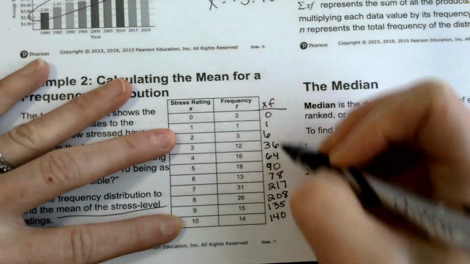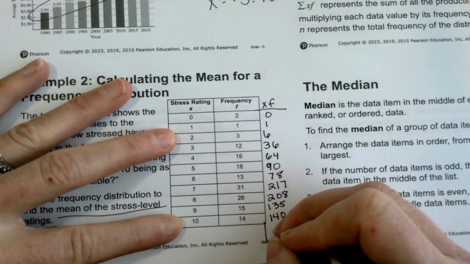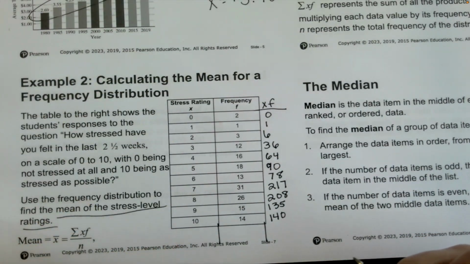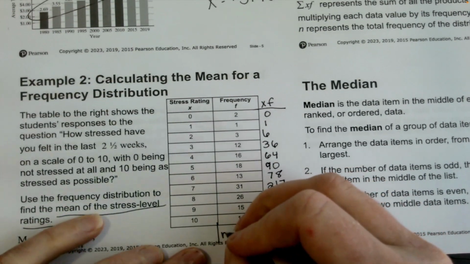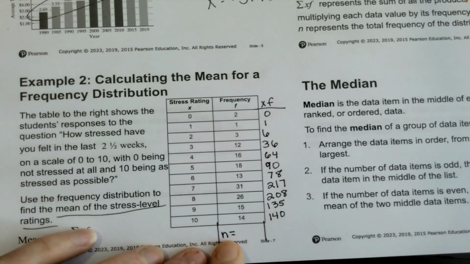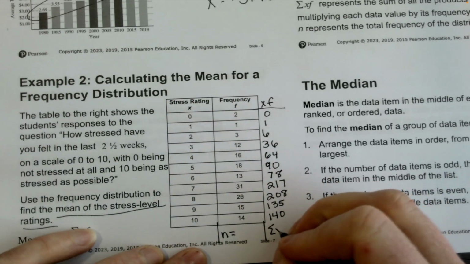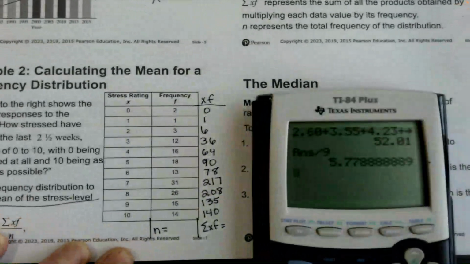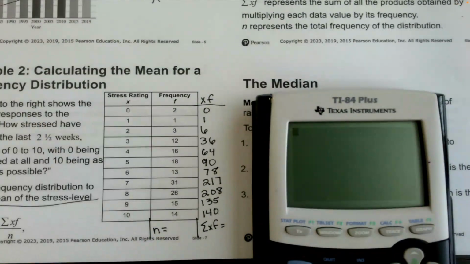We have to find the sum of all of those, but we also have to find how many people were asked, how stressed have you felt? So our N is going to be your frequency total, and then the summation of xf is going to be this. So let's find N. We had to add those up.